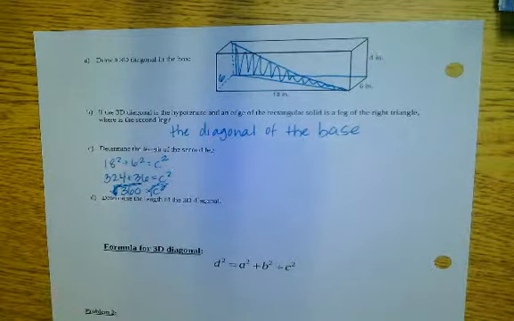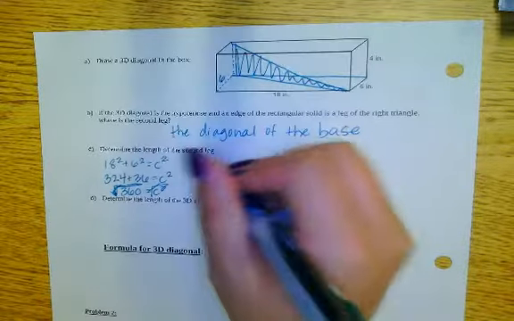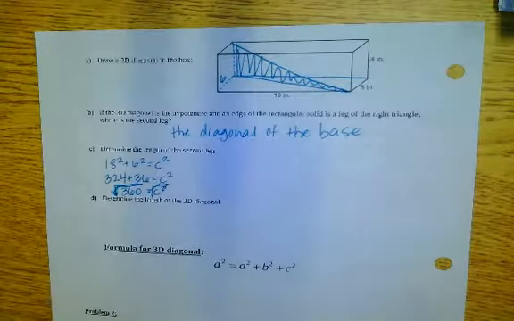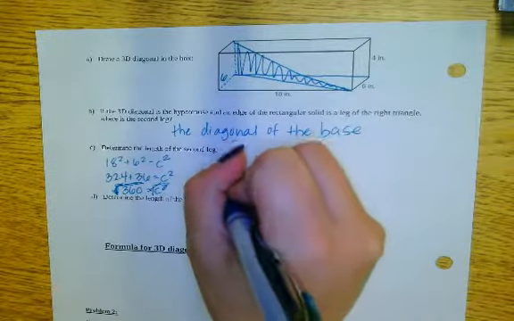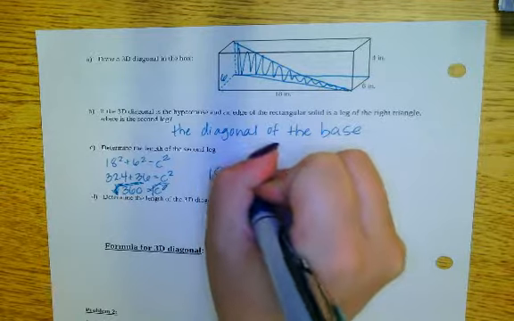To the nearest hundredth, what did you get? 18.97. Very good.